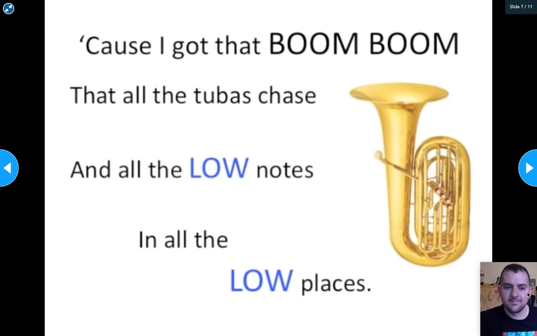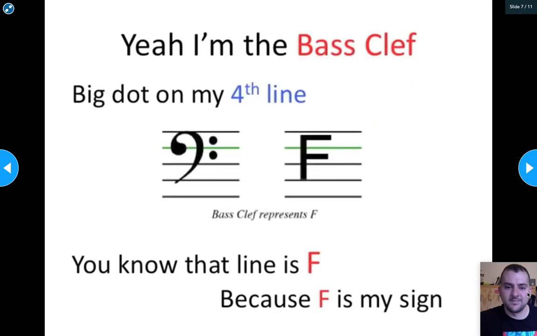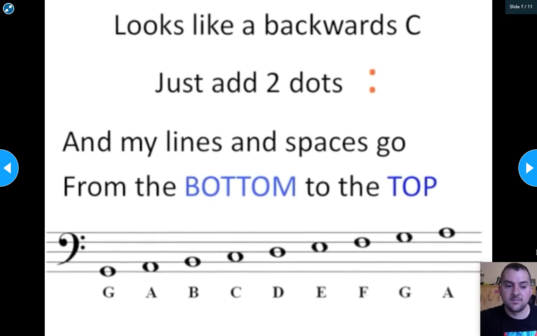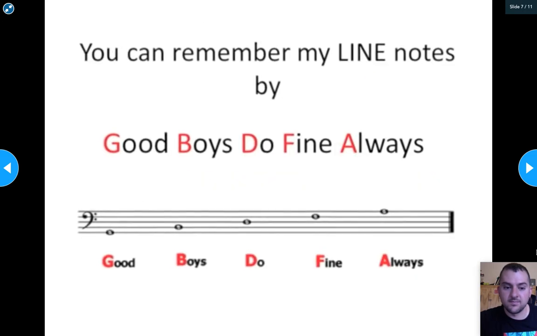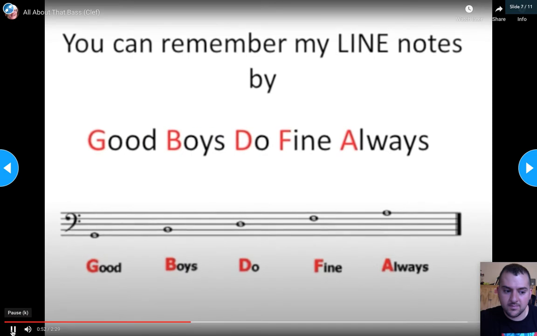All the low notes, all the low places. Yeah, I'm a bass player, big dot on my fourth line. You know that line is F because F is my sign. Looks like a backward C. Just add two dots and all my lines and spaces go from bottom to the top. You can remember my line goes by good boys do fine always.